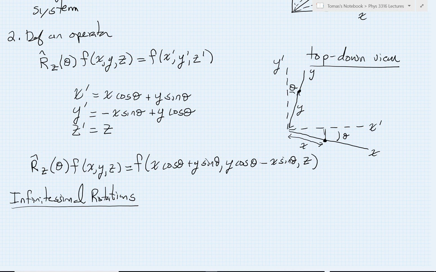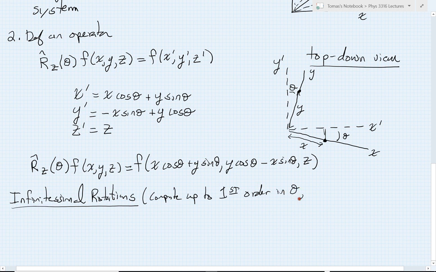Strictly mathematically speaking, when I'm talking about infinitesimal rotations, that means I'm computing everything up to first order in theta. I'm going to neglect terms that are higher order, terms of order theta squared.